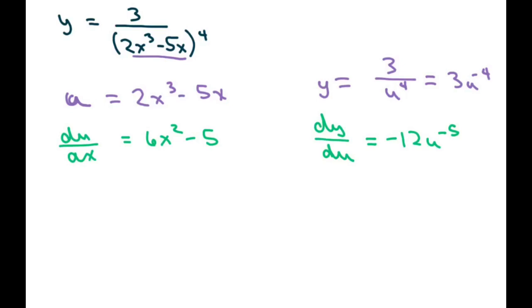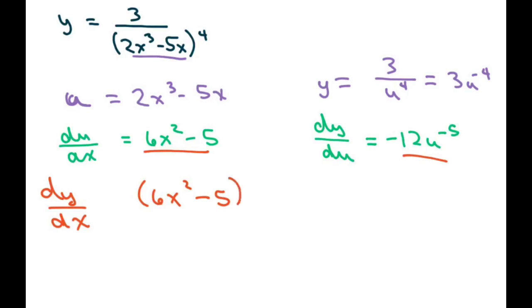Now let's multiply these two together to get our derivative of y with respect to x. So you get 6x squared minus 5 times negative 12u to the negative 5. Now simplifying this, I'm going to put the negative 12 out front for now.